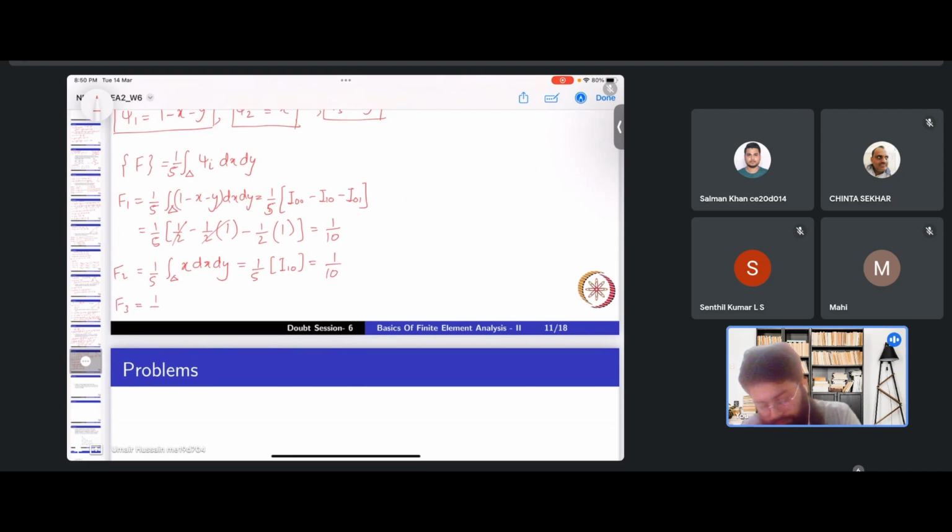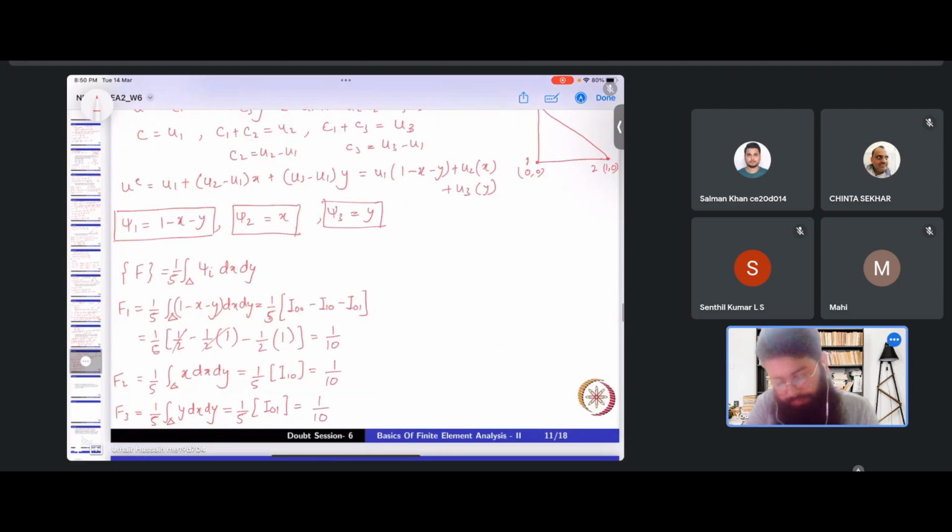F3 equals again 1 by 5 times the integral of y dx dy, which is 1 by 5 times I01. I01 is again half, so 1 by 10. Okay, so this is our force vector.